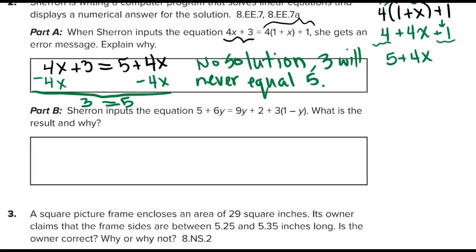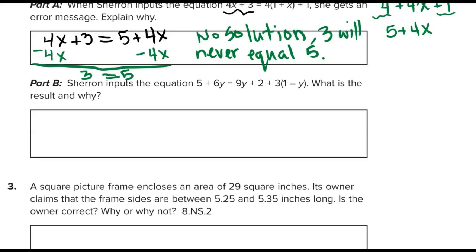Part B says Sharon inputs the equation 5 plus 6y is equal to 9y plus 2 plus 3 times the quantity 1 minus x. So again, let's do this over on the side. I'm just going to work with the right-hand side because that's the side that needs to be simplified. So I got 3 times 1, positive 3.